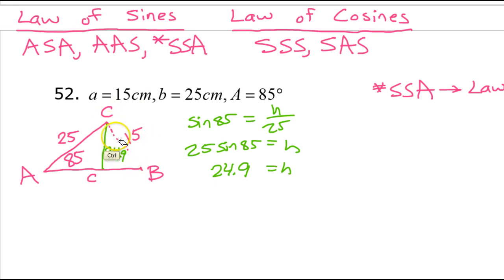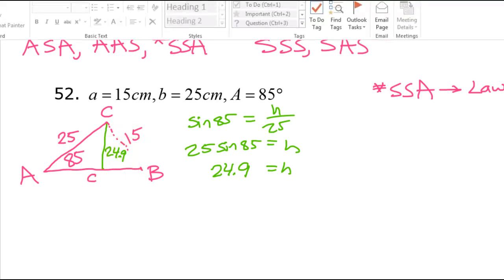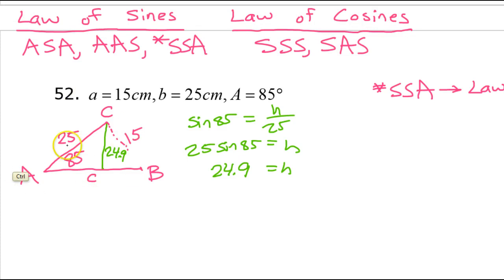If you have a rope that's length 15 and the height is 24.9, the rope will never reach the ground. It's too short. So that's why we have to say no solution, because there are no triangles that can be formed with this information. So we will say no solution.